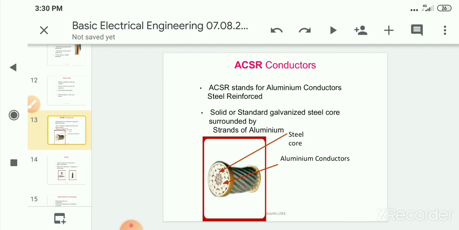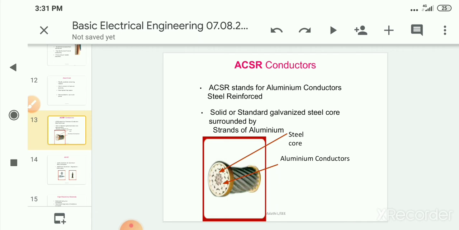Compared with copper, aluminum is cheap and light, but it has much smaller conductivity and tensile strength. In order to increase the tensile strength, the aluminum conductor is reinforced with a core of galvanized steel wires, and hence ACSR, aluminum conductor steel reinforced, was developed.